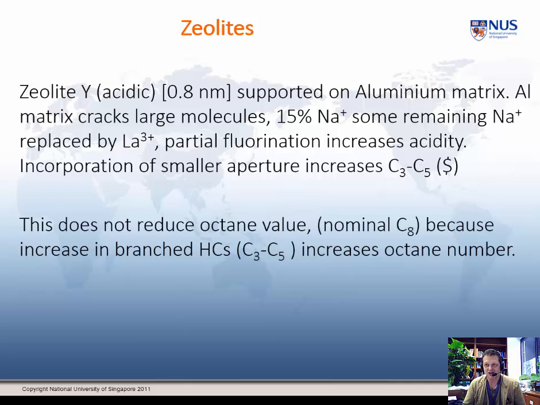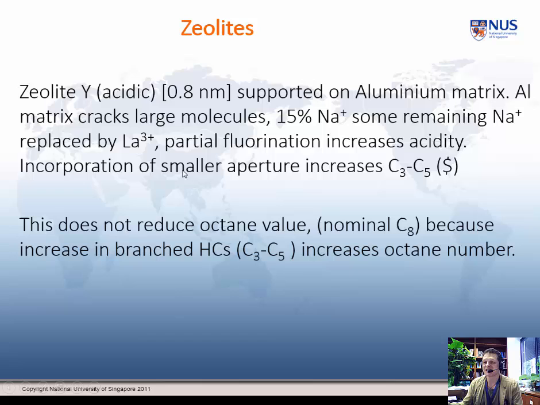There are obviously coking issues here. If you want to make this even better, what's typically used is to take about 15% of the sodium in there and replace it with lanthanum.